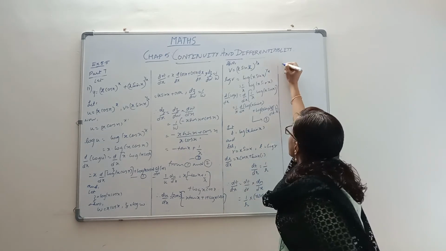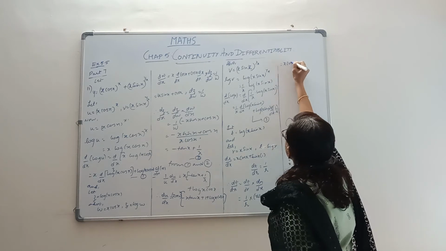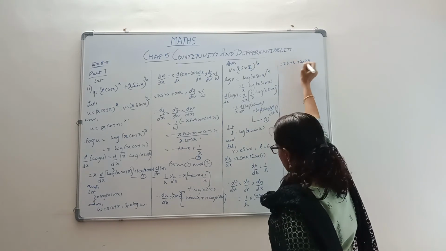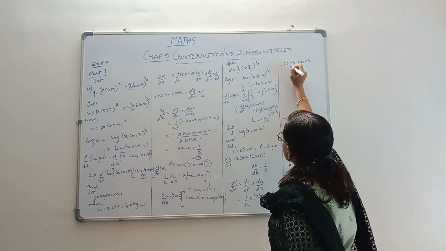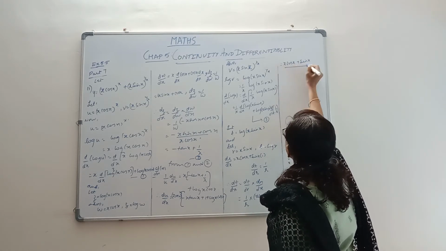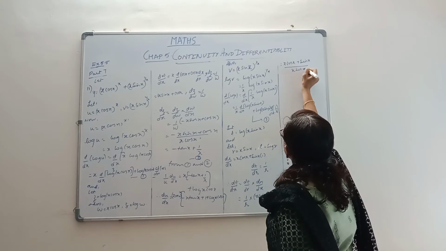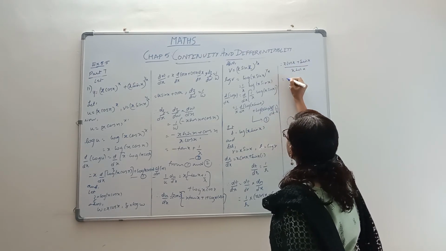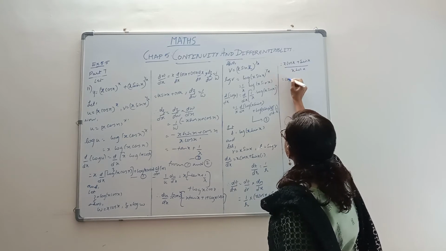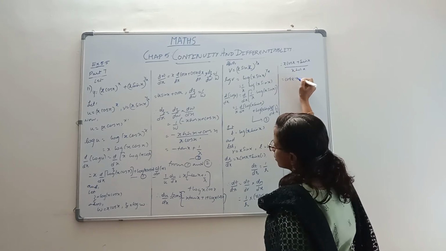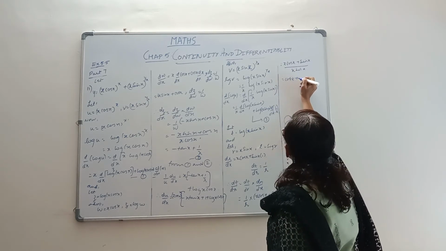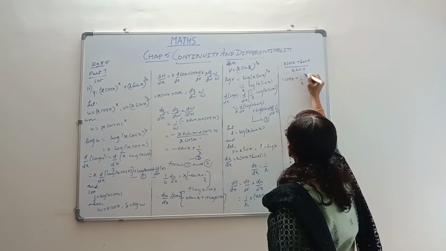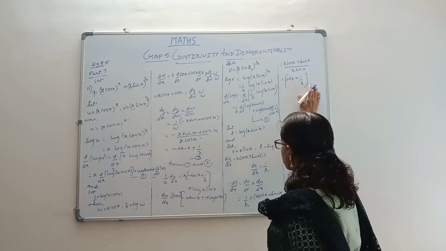Now r for us is x sin x. So when we revert back, x cos x plus sin x by x sin x. When we take it on both the numerators, here it will be cot x and here it will be 1 by x. So that's about this part.